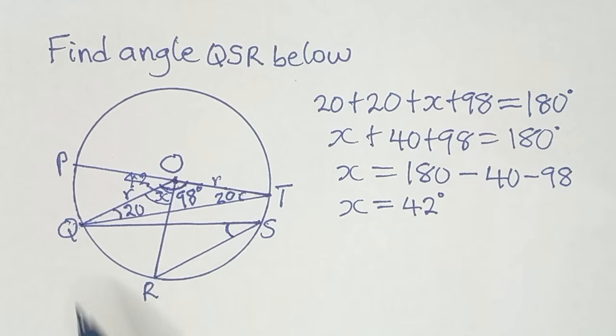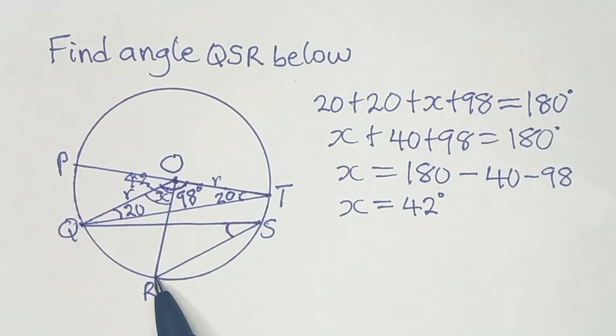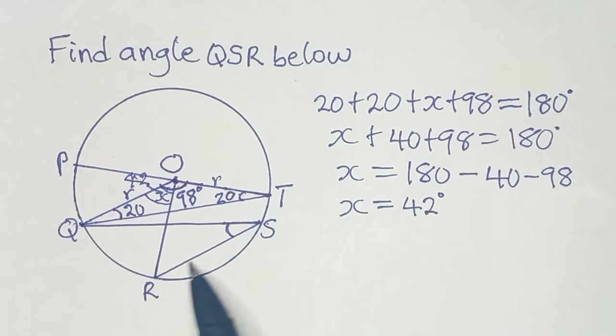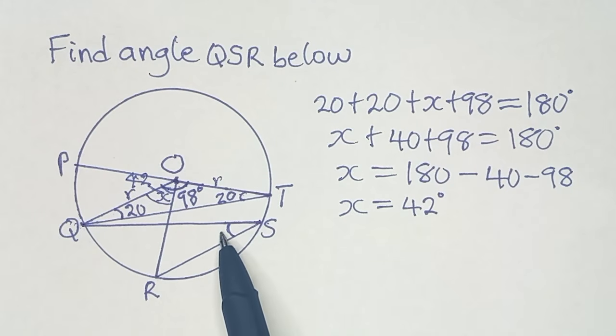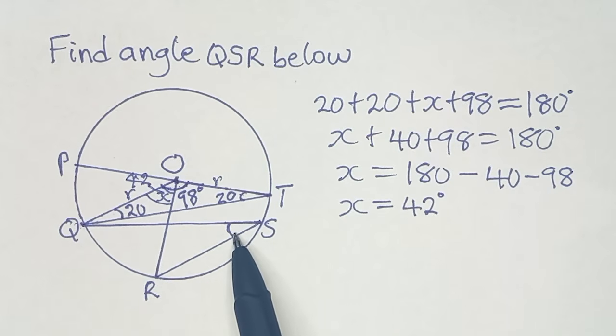So anytime you have two points and two lines going to the center of the circle to form an angle, and then from the same two points, you have another two lines going to the circumference to form another angle, what should come to your mind is that the angle at the center is twice that at the circumference. Angle at the center is twice that at the circumference.